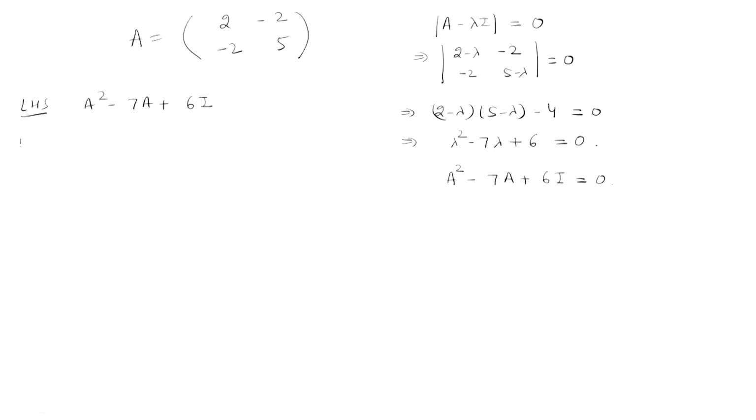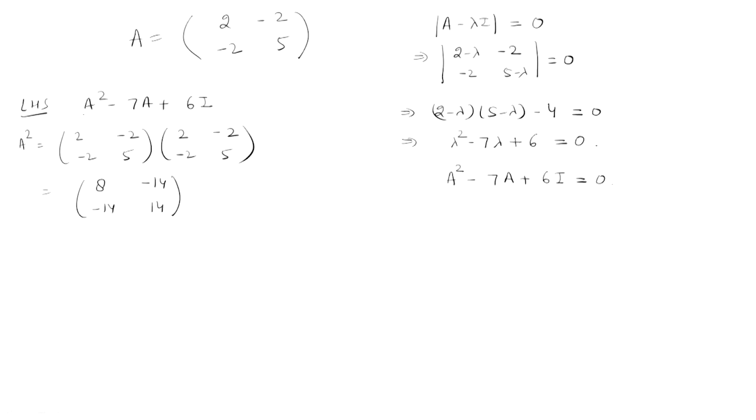What is A square? A square is 2, minus 2, minus 2, 5 into A itself. When you multiply these two, this row, this column, it is 4 plus 4 is 8. This row, this column, minus 4 minus 10, minus 14. This row, this column, minus 4 minus 10, minus 14. This row, this column is 4 plus 10 is 14.